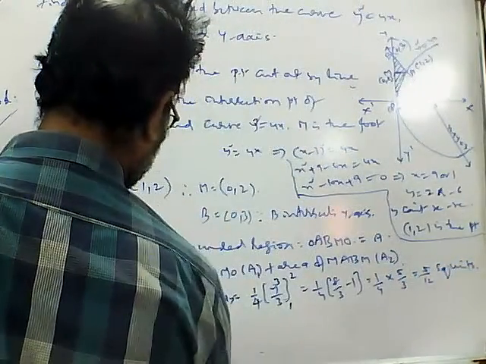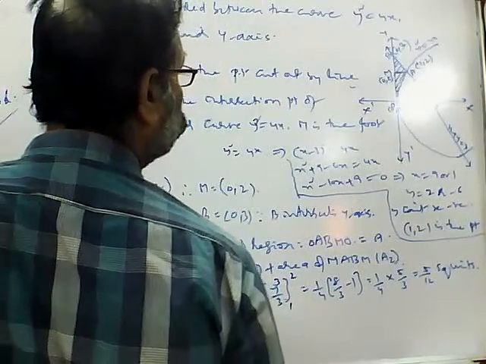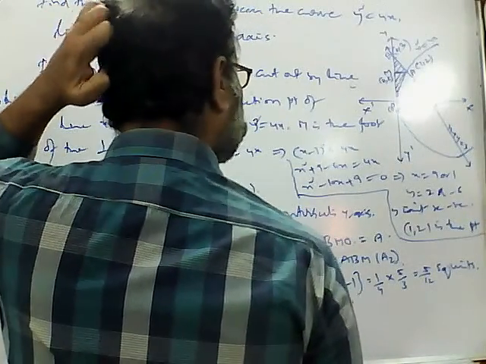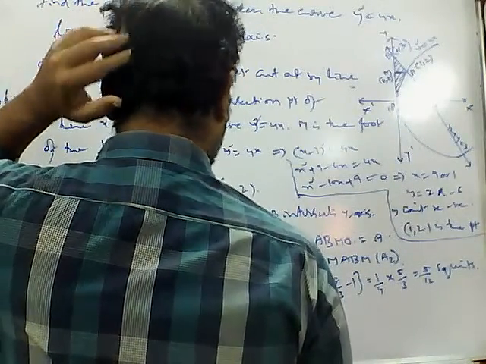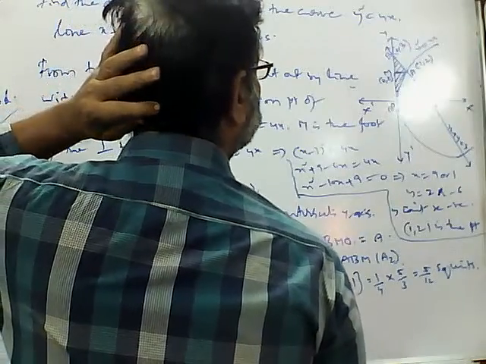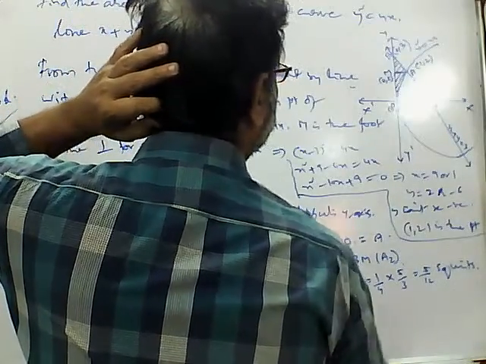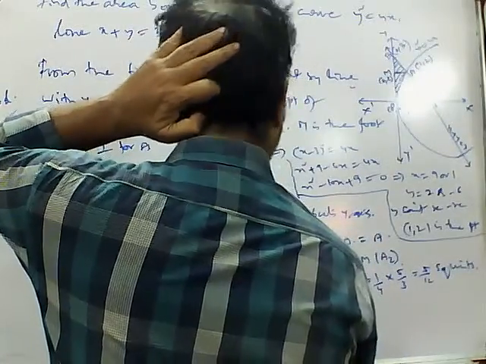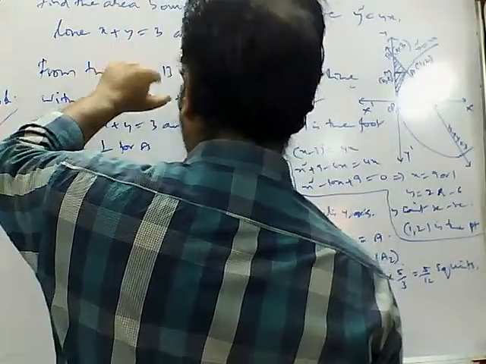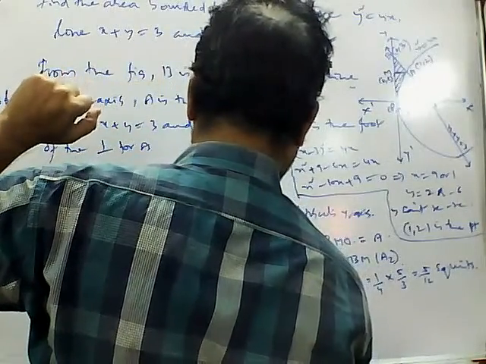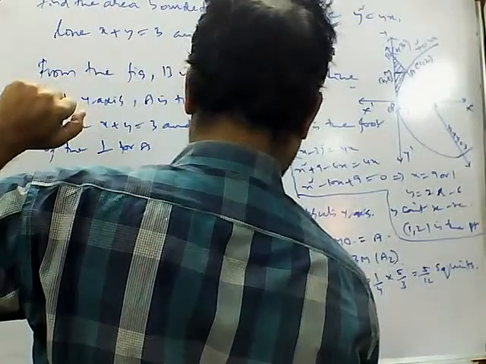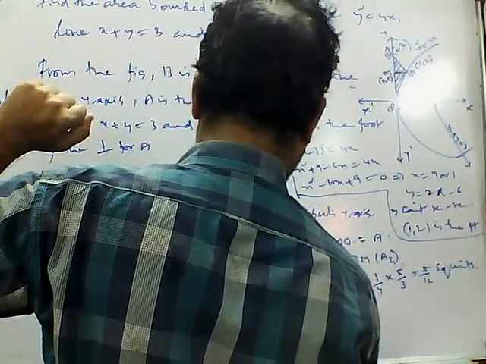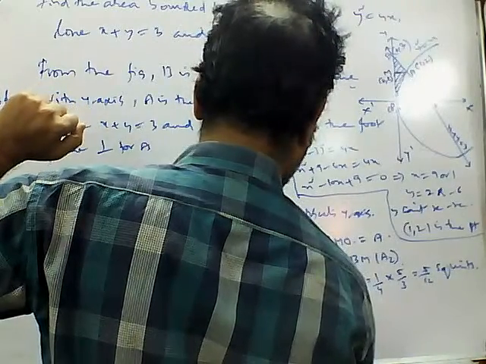Similarly, A2 is equal to again integral from 2 to 3 of x dy. X dy means x is equal to 3 minus y, dy. That is equal to 3y minus y square by 2.